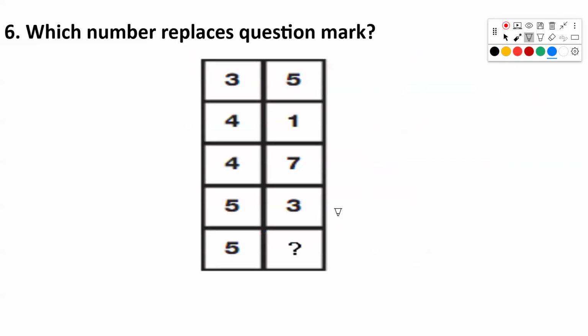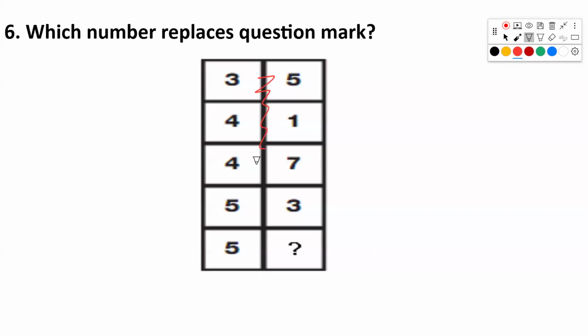Try this one again. Please try this one. So if you are looking at it now, most of the time when you have a vertical line, you start reading 3, 5, 4, 1, 4, 7 like that.